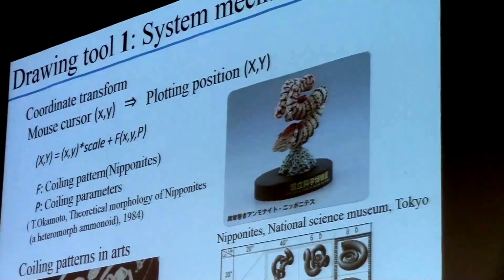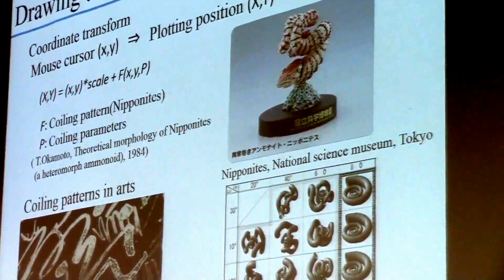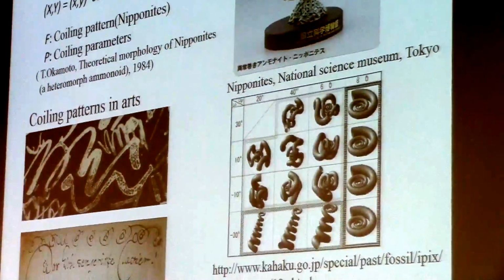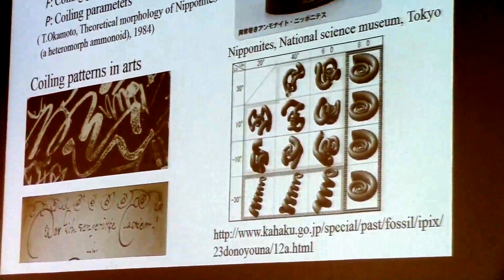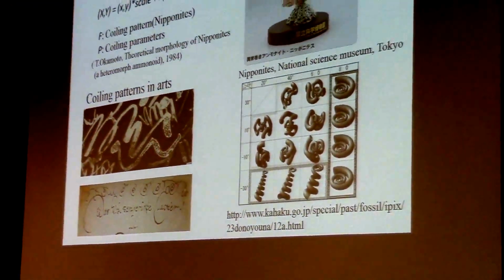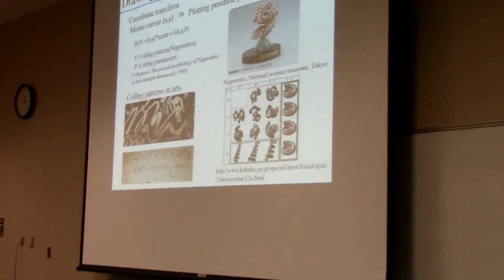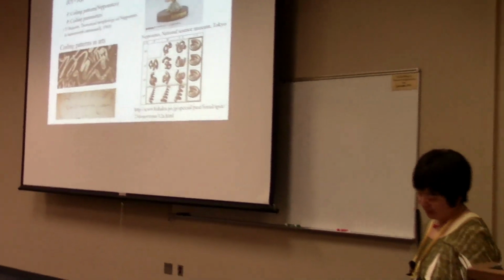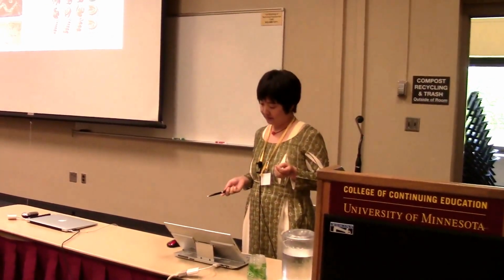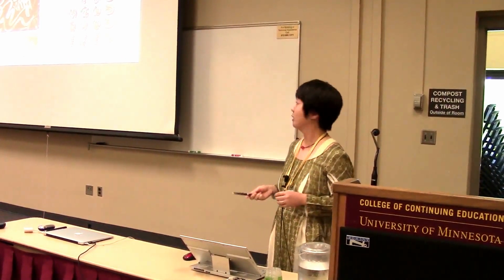The coordinates small xy of the mass were transformed to the drawing point on the screen, large xy, by using the transformation algorithm of the ammonite. The transformation was regulated by only two parameters. One is the oscillation rate of coiling. The other was the growth factor.